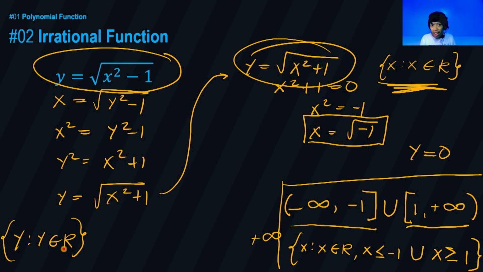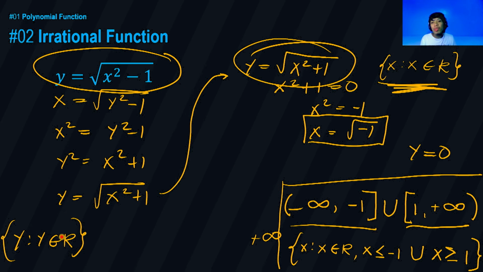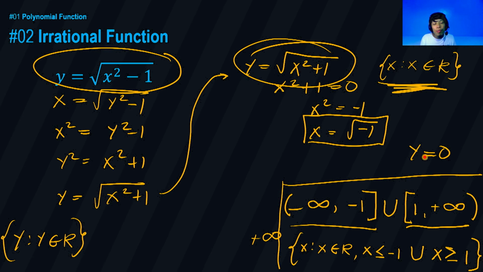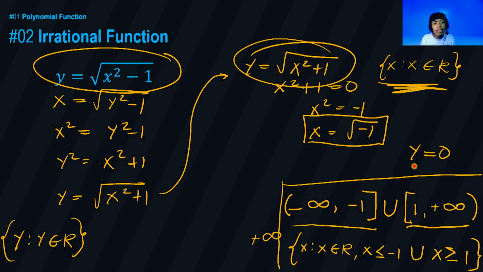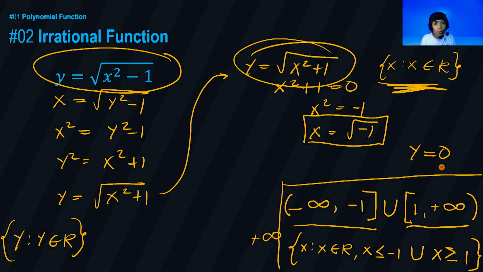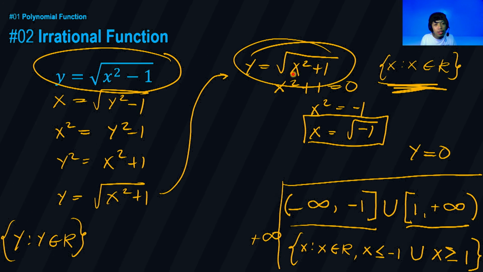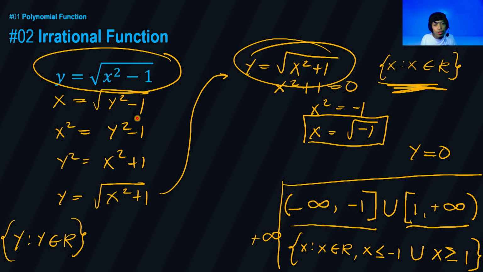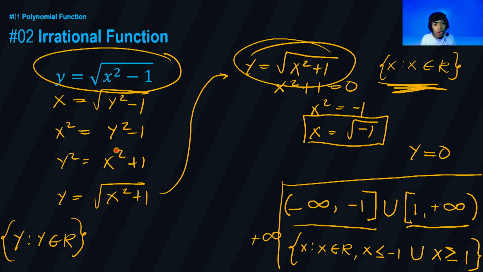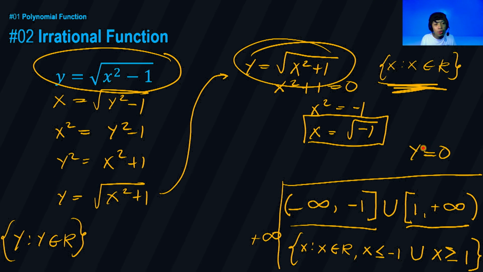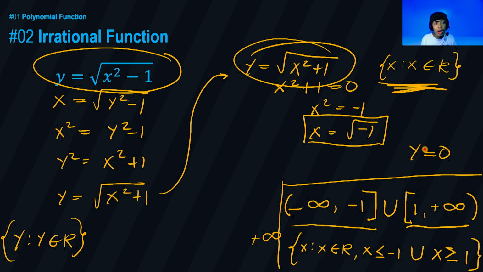Okay? But be careful ha. Take note, our minimum value for y is equal to 0. Okay? So take note, basically, this one right here is telling you that the domain of this function is this one. But we found out kanina that the minimum value for y is 0.